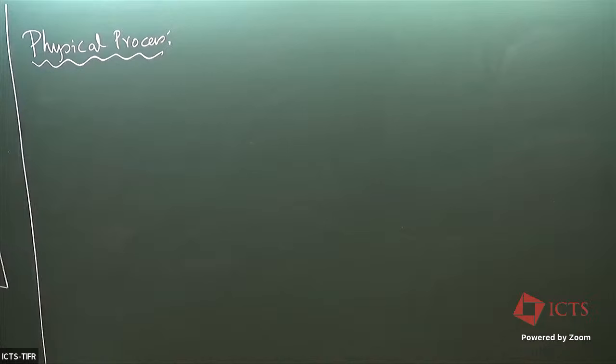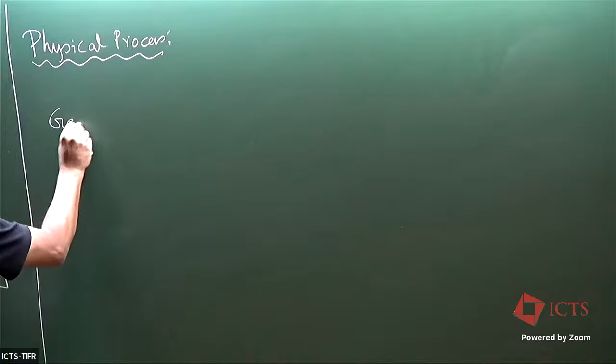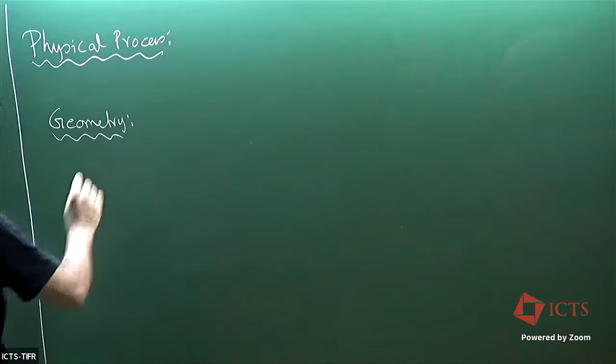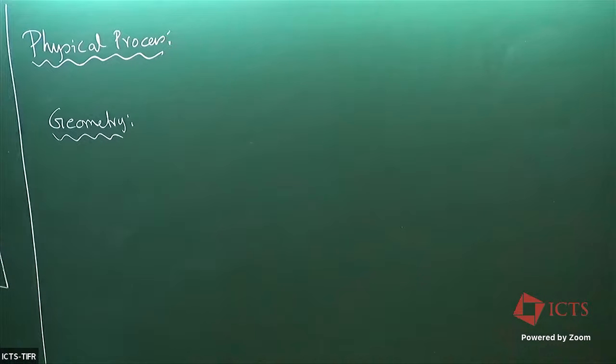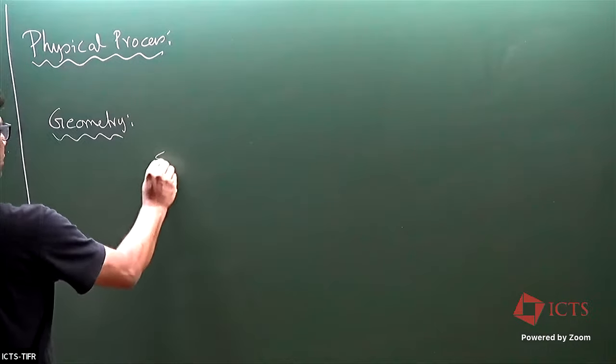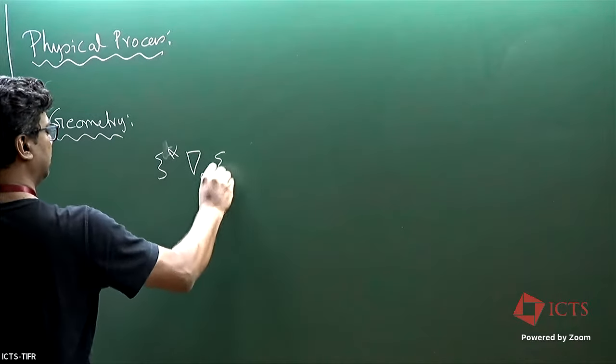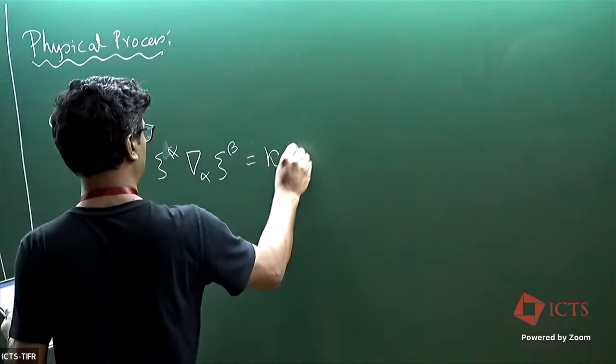And this calculation will involve extensive use of the Raychaudhuri equation. Before we go to that, we need to understand some part of the geometry of the Killing horizon. So I think yesterday or the day before, Shubhayu derived the surface gravity for you. Remember that the definition of surface gravity was obtained from this equation, kappa xi beta.